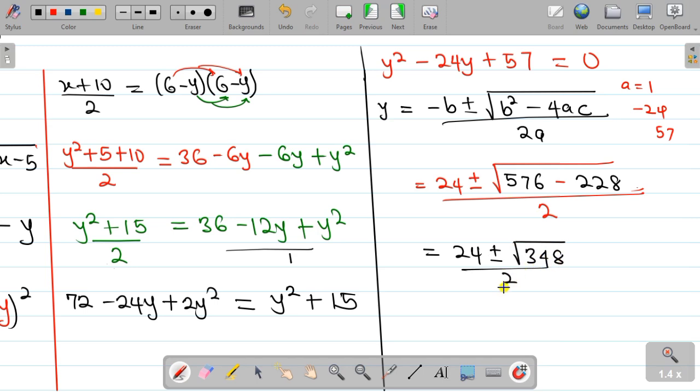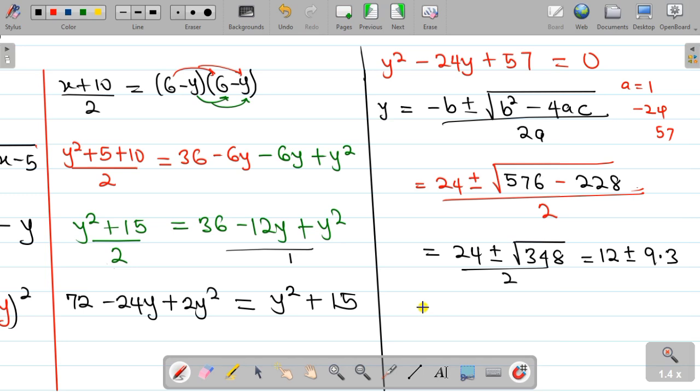By the time you simplify, 2 will divide 24 to give us 12, then plus or minus the square root of 348 divided by 2, which you evaluate to get approximately 9.3.